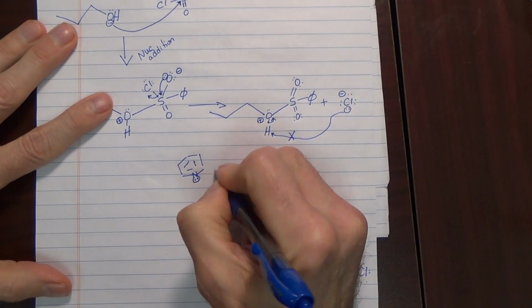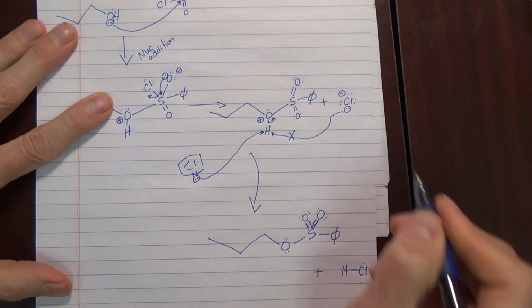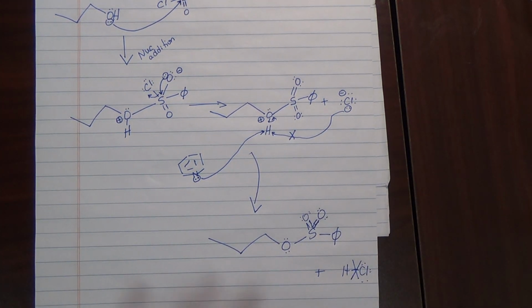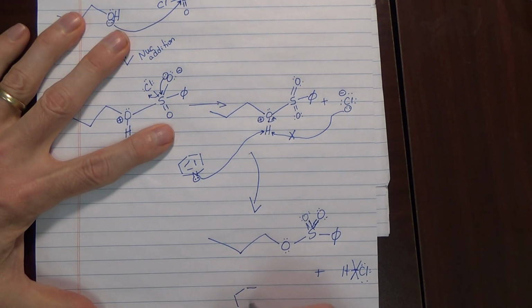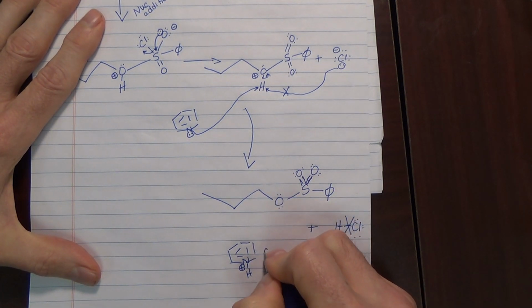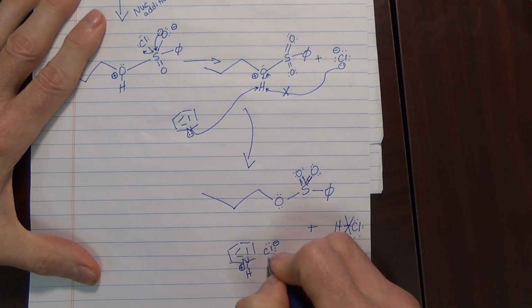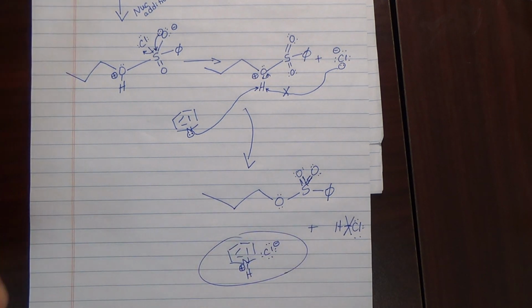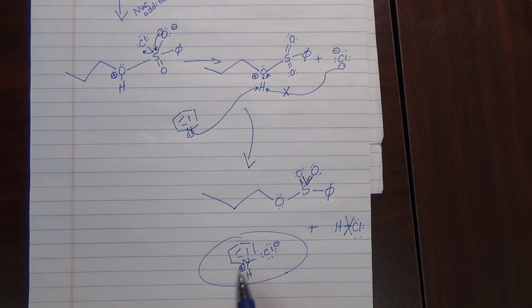Instead, let's let it act as a base and take the H. And instead of making HCl, we make that and Cl minus, and that's just the end result. That's called pyridine hydrochloride. Basically, the pyridine has neutralized the HCl in this reaction flask, and we get actually a salt.